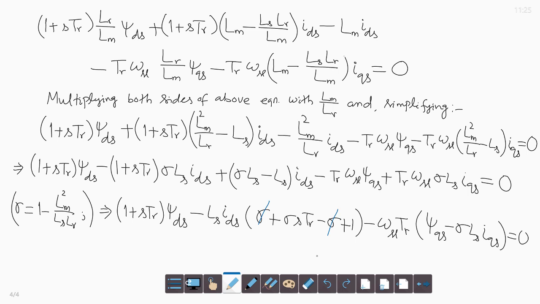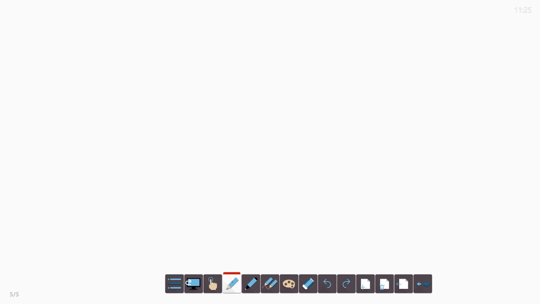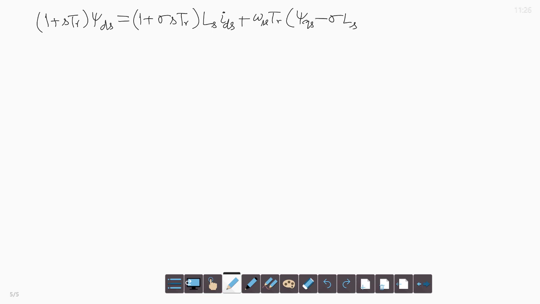So, we have the final equation as 1 plus STR into psi ds equals to 1 plus sigma STR into LS IDS plus omega SL into TR into psi QS minus sigma LS IQS.